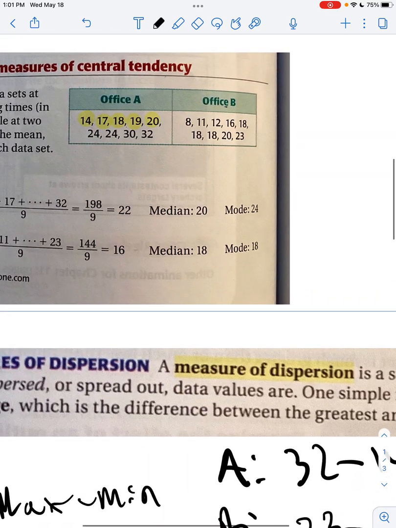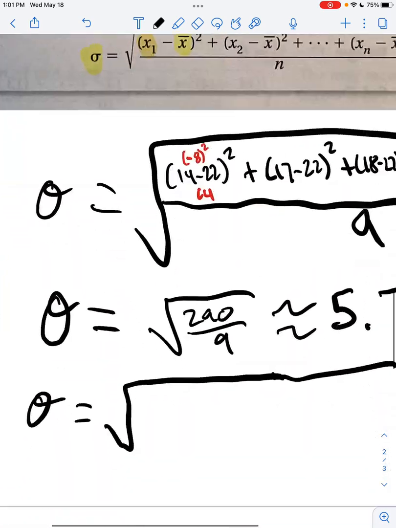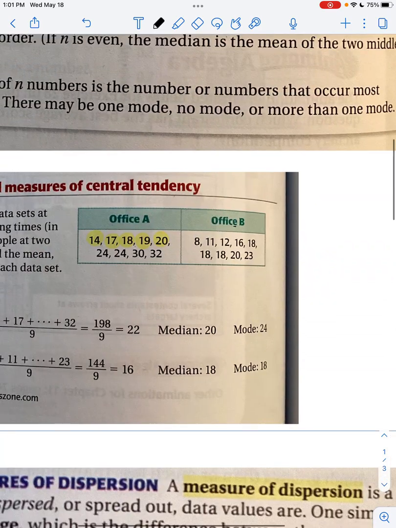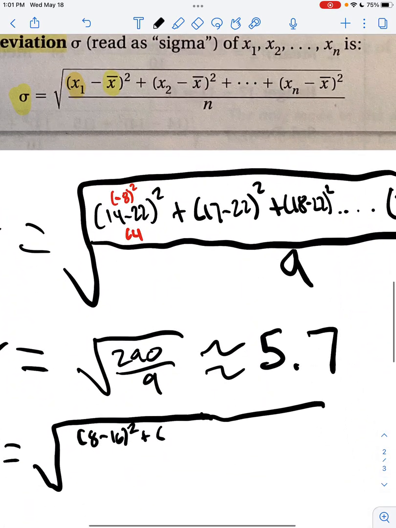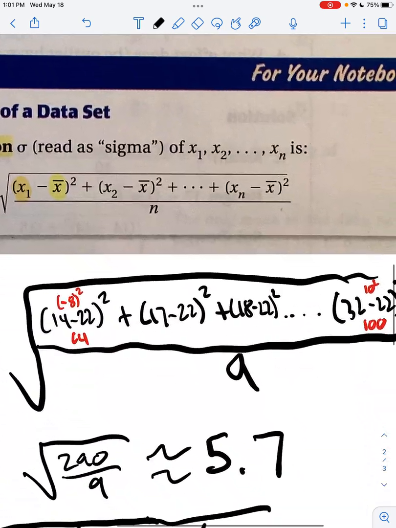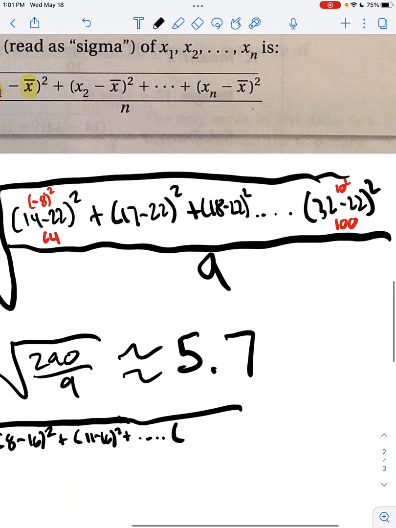8, and then my mean was 16. So this time, again, it's 8 minus 16 squared plus 11 minus 16 squared plus, and then 23 minus 16 squared.